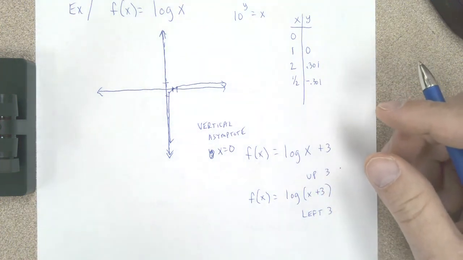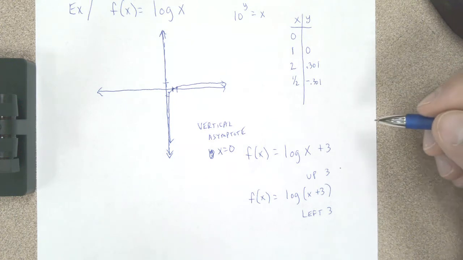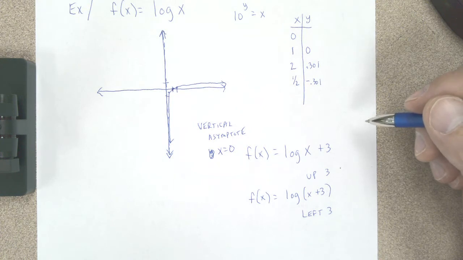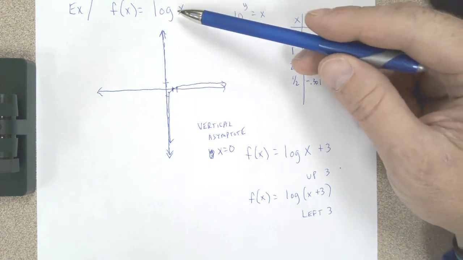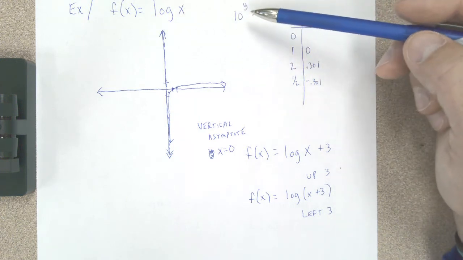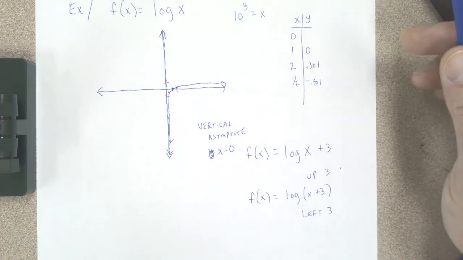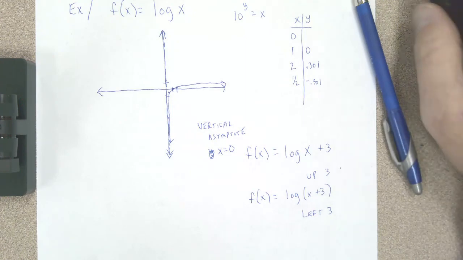So big thing to remember, you can follow all your transformation rules when you're making your graphs, just like with the other curves that we've talked about this year. And if it helps you, you can utilize your calculator and type in the values, or you can change it into exponential form, and that helps you to think about how to plug in your values into your calculator.